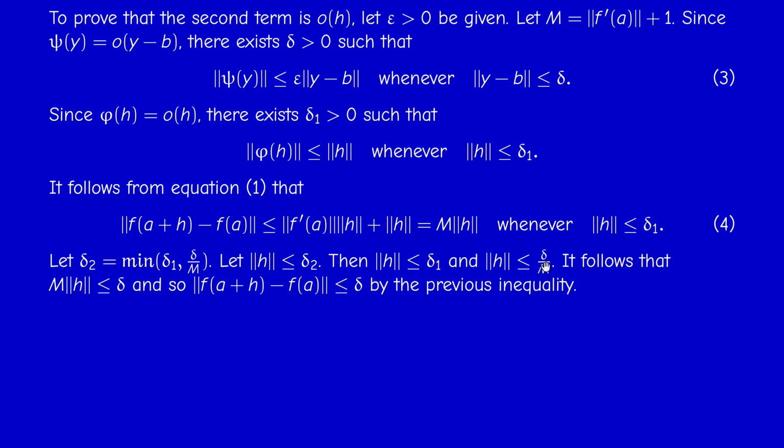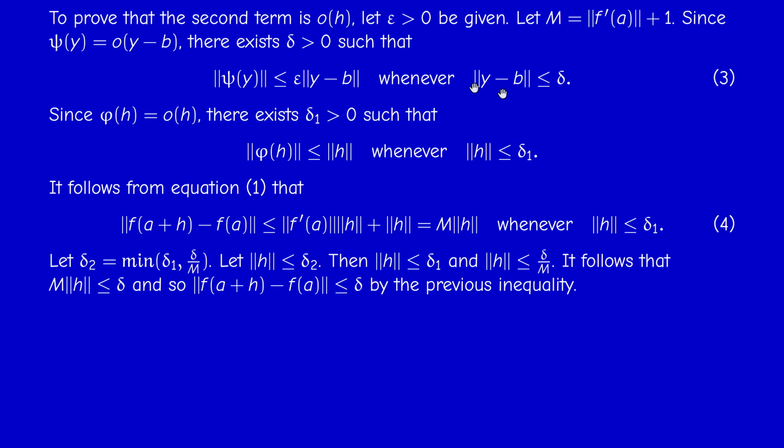If the norm of h is less than delta over m, then m times the norm of h is less than delta. And therefore, if we go back to equation 4, m times the norm of h is less than delta. So this increment in f is less than delta.